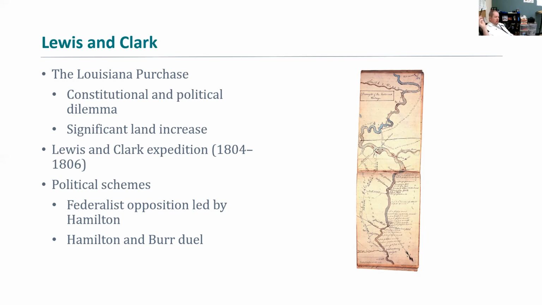We send Lewis and Clark, and I'm sure you heard about this in grade school, like the common story. They pick up Sacagawea as sort of a guide and go up the Mississippi because New Orleans is sort of the crown jewel of the Louisiana Purchase.